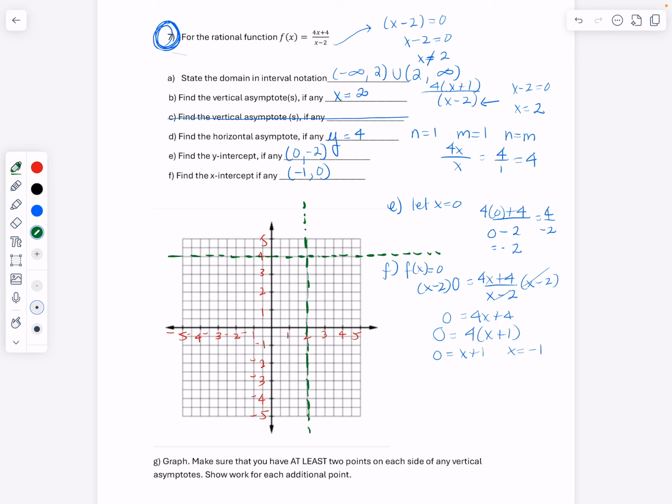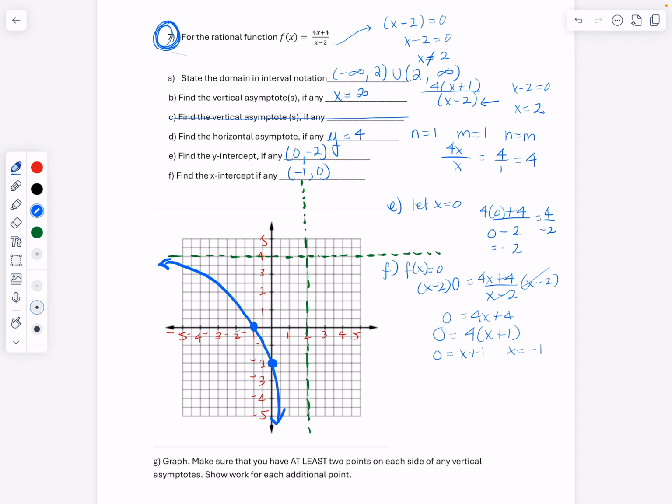Now I need to put my values in. The first value I have is 0, negative 2, which is here. Let me erase that. And then the other value I had is negative 1, 0, which is right here.